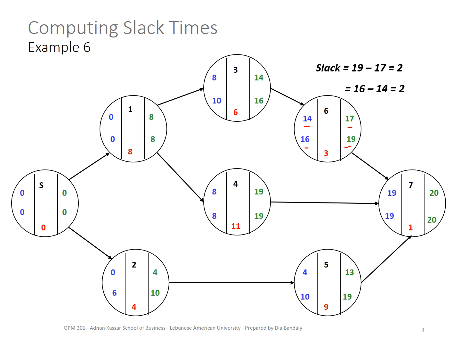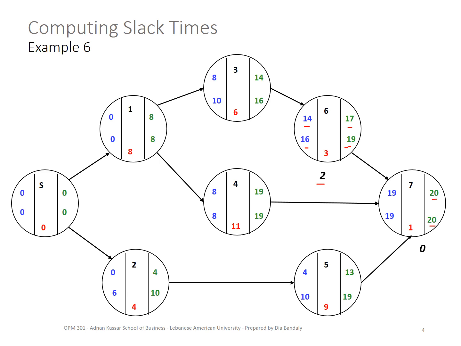All right, let's find the slack for the others. I will put the slack time underneath the node for each activity. For activity 7, it's 0, right? Because you remember this is how we started the backward pass in the first place, by setting this to be equal to that. So certainly the slack is 0 here.